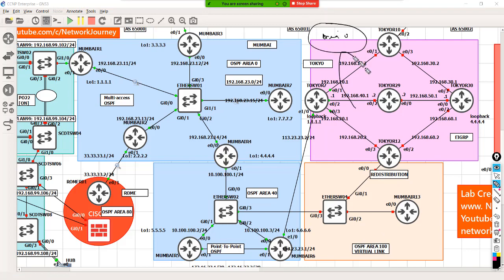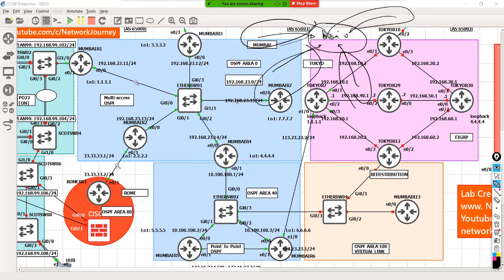You have n number of areas, and all the other areas are connected to area 0. So if you suppress external routing there, you're suppressing the external routes from all the other areas. So you cannot suppress external routing on area 0. You can do it in the other areas with the help of the stub commands, but not on area 0.